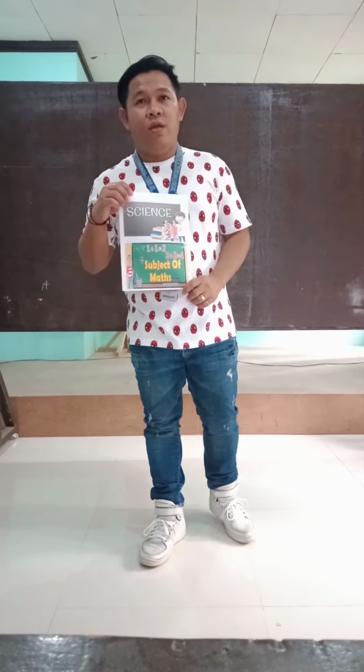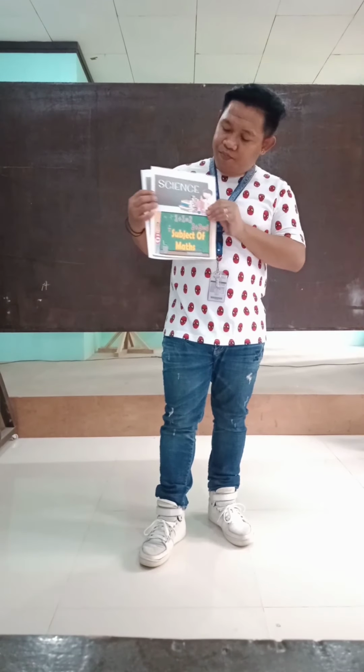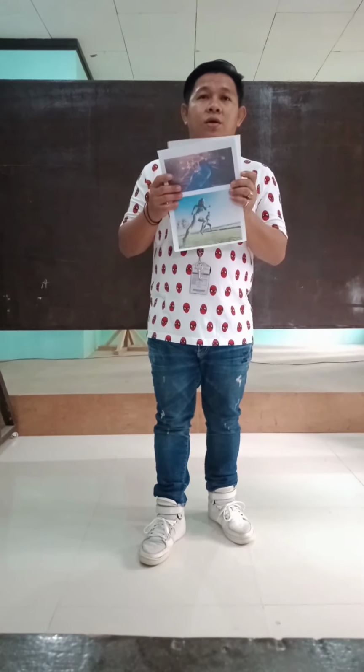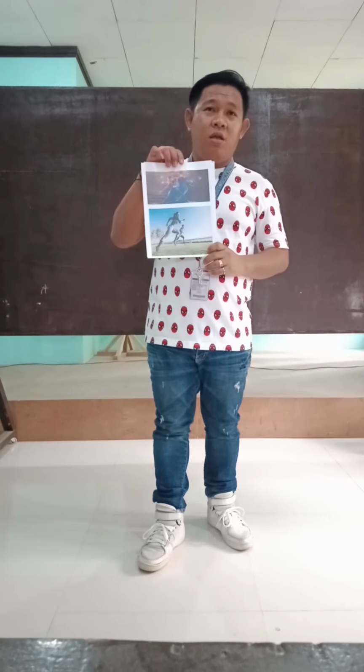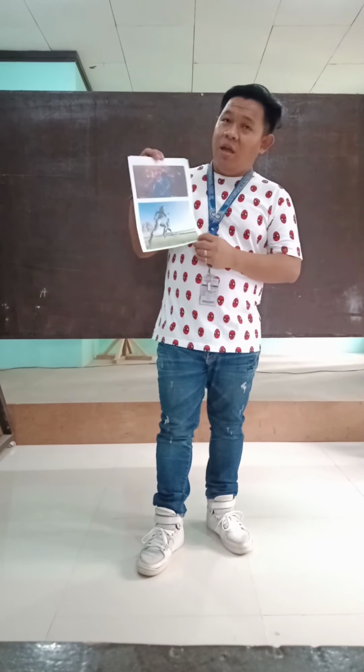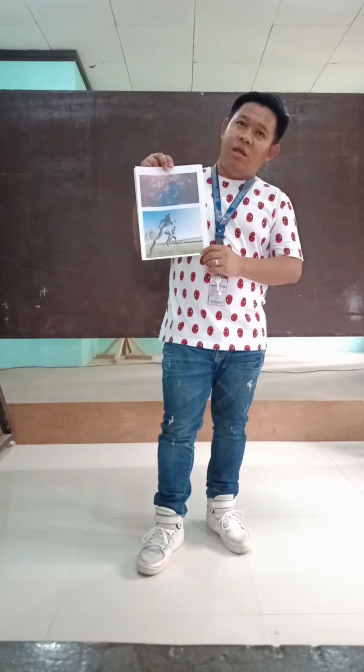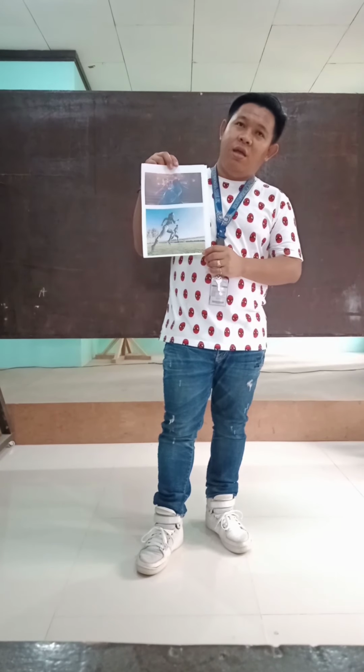Before we proceed to our topic for today, I want you to look at the picture that I have here and tell me what it's all about. The first picture is all about subject, sir. Okay, very good. How about picture number 2? It's about action, sir. The first picture I observed is dancing, and the second one is running.